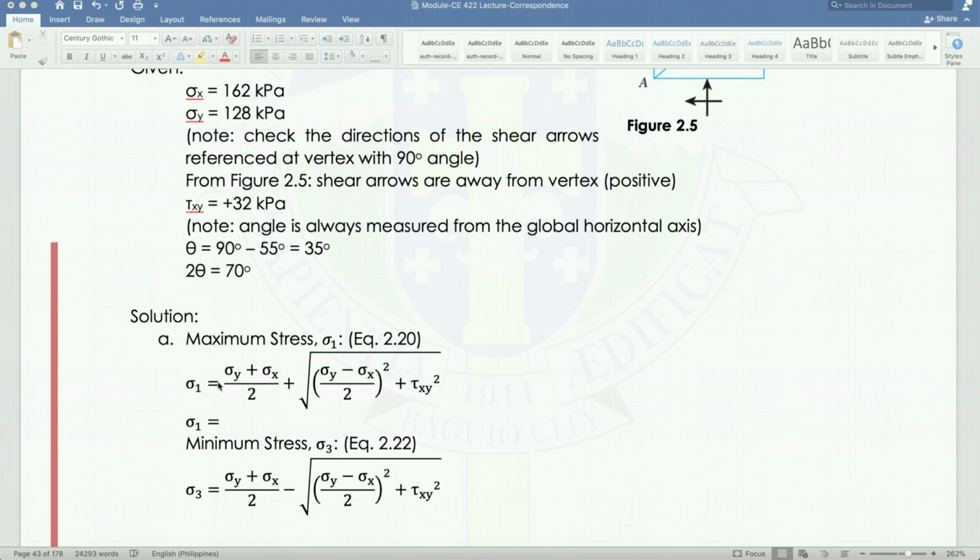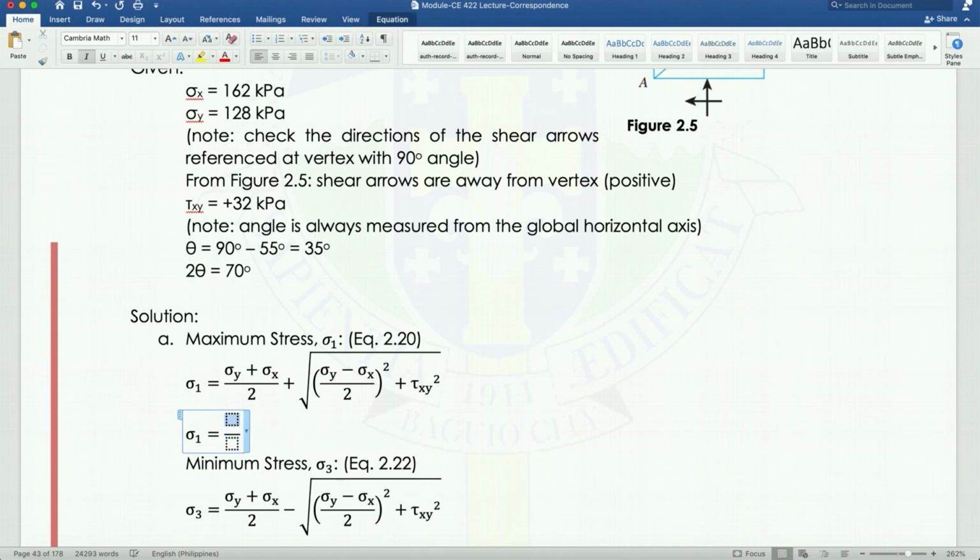So this is our working formula for maximum principal stress, and the minus version is for minimum principal stress. So sigma 1 is equivalent to sigma y plus sigma x over 2 plus the square root of the quantity sigma y minus sigma x over 2 raised to the second power plus tau xy squared. And we know the values, so we can proceed with our solution.